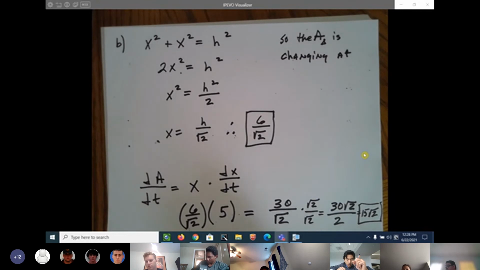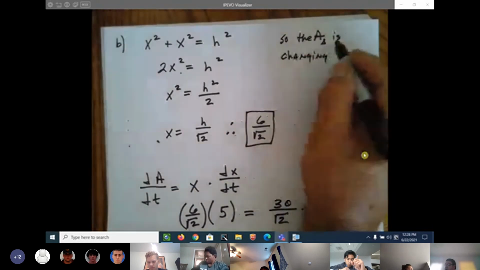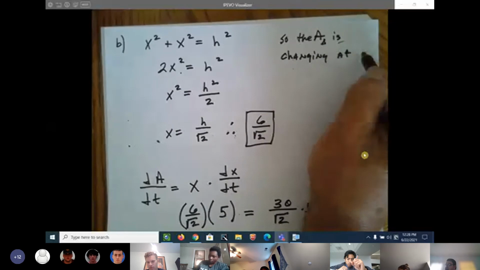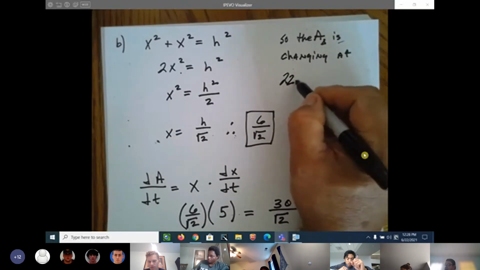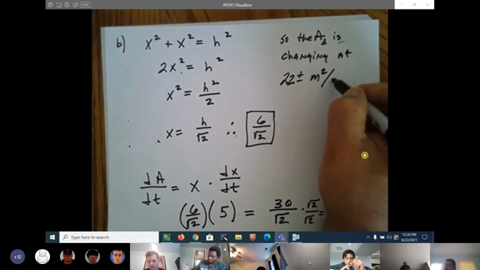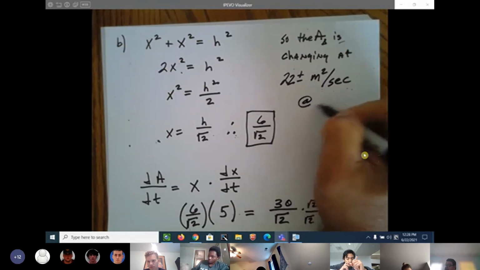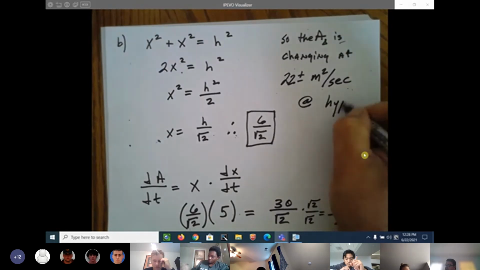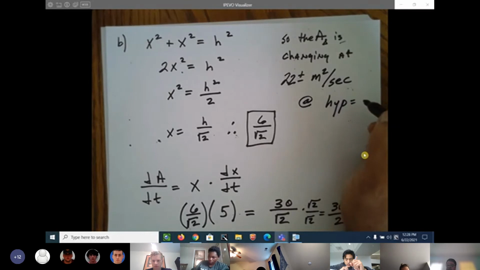7 and 15 is what, 22? So the area of the triangle is changing at about 22 meters squared per second when the hypotenuse equals, what was the hypotenuse equal to? 6 meters?